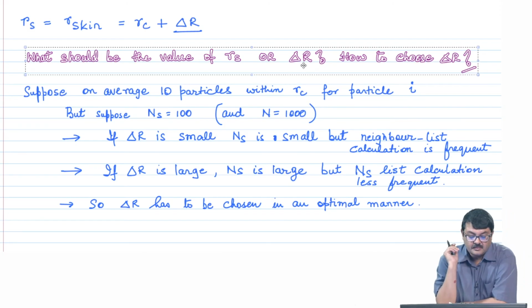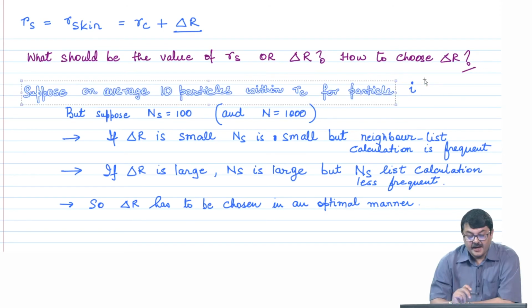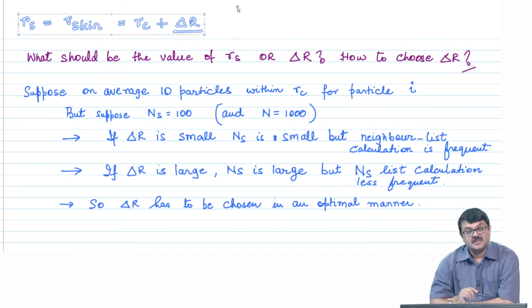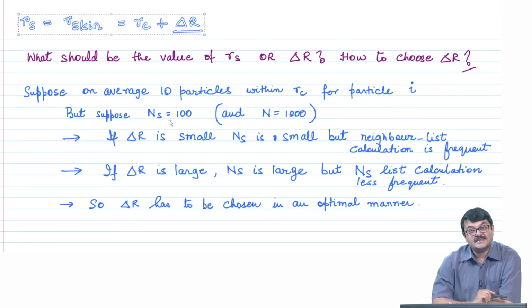Now, suppose for a particular particle i, you have 10 particles within R c at a certain time, and you have chosen a relatively large value of delta R, so that R s is significantly large. It is much smaller than the size of the simulation box, but still it is large, so that n s is 100.